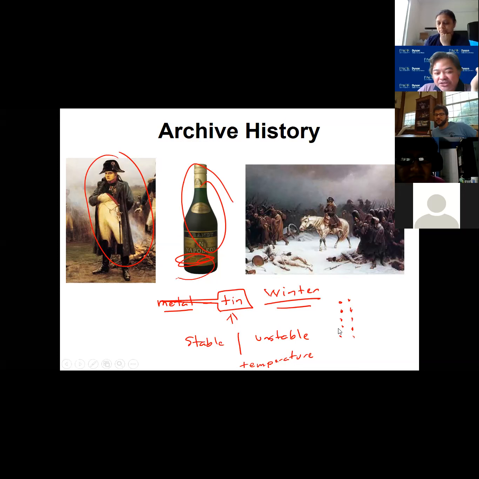At low temperature, okay, your tin disintegrates. So what happened? Anything that holds your clothing together will just fall apart. So his soldiers during that time were trying to keep themselves warm more than concentrating on the battle. So what about the Russians? The Russians are used to the winter, just like what happened in the Second World War. They took advantage of that.